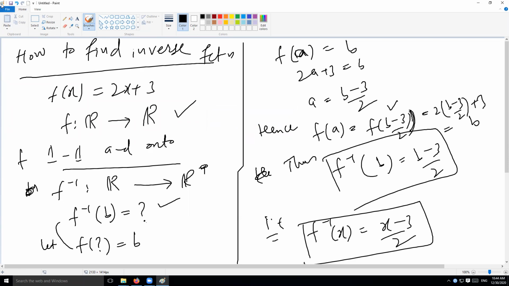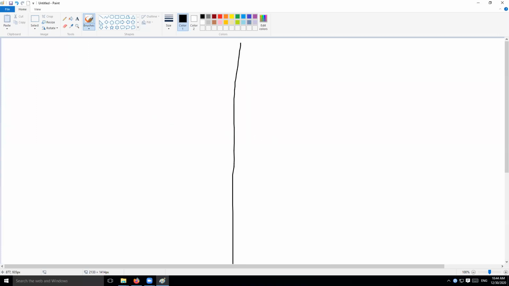The vertical line test is for a function. Okay, no. So this is a good point actually. So here's the thing. So take a parabola. So this is the x-axis and this is the y-axis.